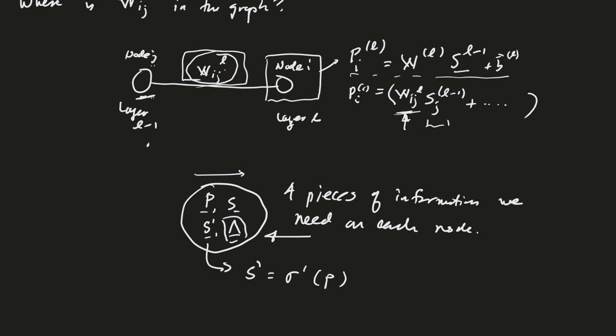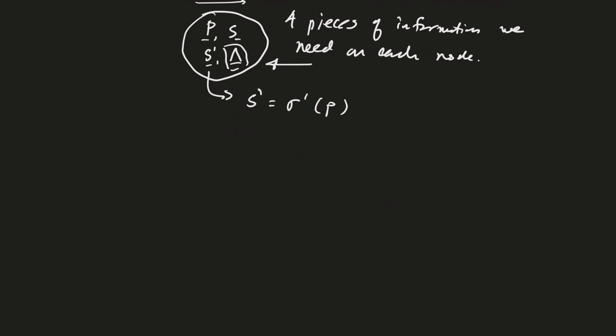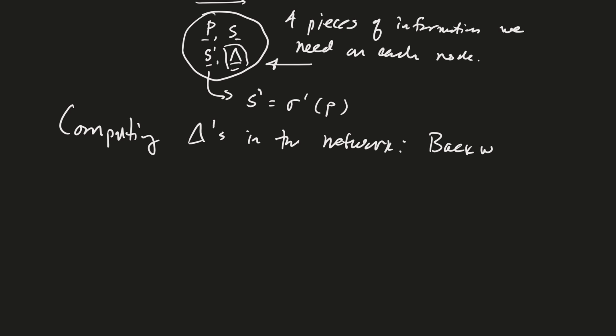Okay, good. All right. So computing deltas in the network. The backwards pass. We're going to be going backwards.